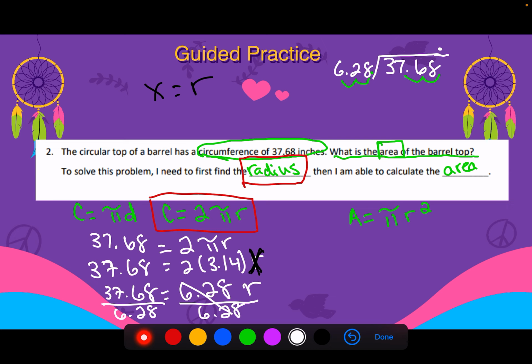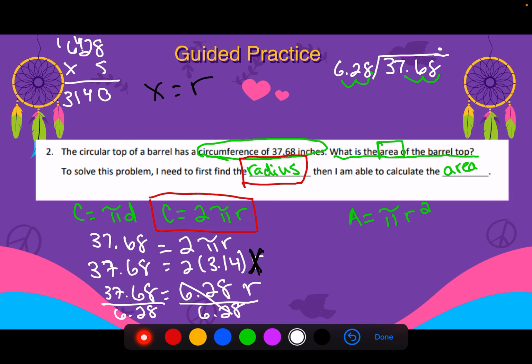So I know that 6 times 4 is 24, and I know 6 times 5 is 30. So I'm going to try 628 times 5, see how close that gives me to the 3,768. So 628 times 5. 5 times 8 is 40. Carry my 4. 5 times 2 is 10 plus 4 is 14. 5 times 6 is 30 plus 1 is 31.